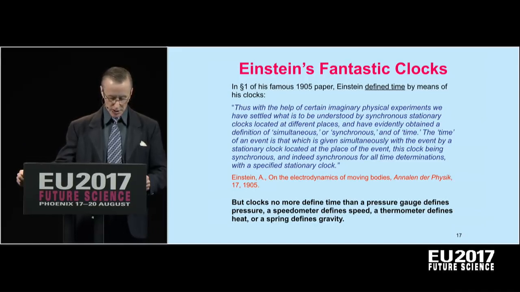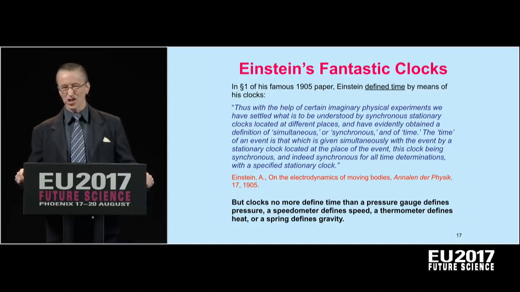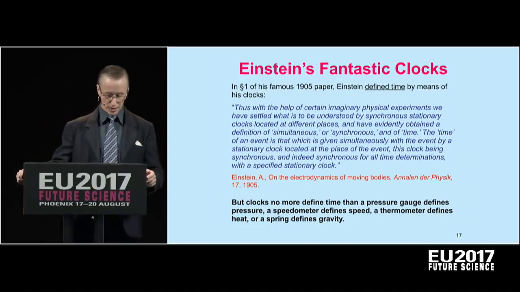The time of an event is that which is given simultaneously with the event by a stationary clock located at the place of the event. This clock being synchronous, and indeed synchronous for all time determinations, with a specified stationary clock. Well, if you can make sense of that, that would be a miracle.